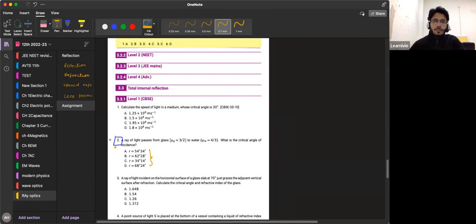Just do this calculation and write your answer in terms of sine inverse. I'm not saying to calculate this in degrees.